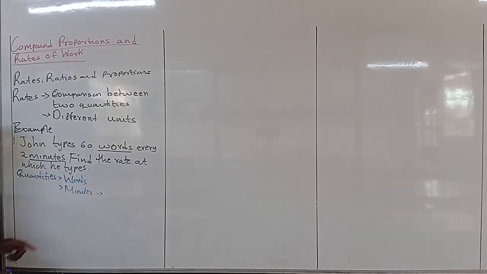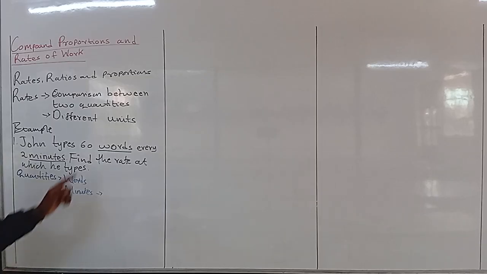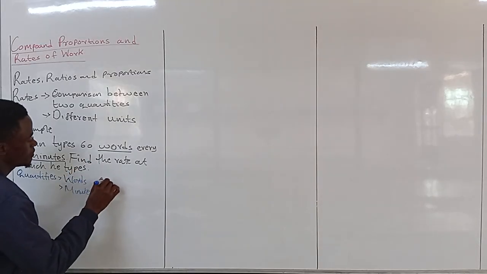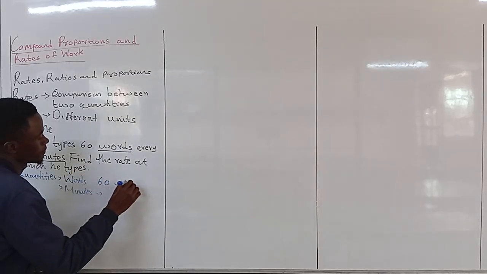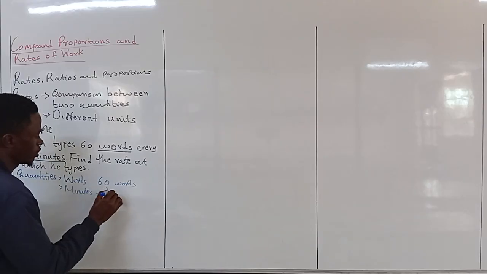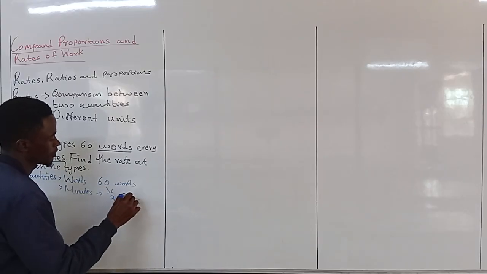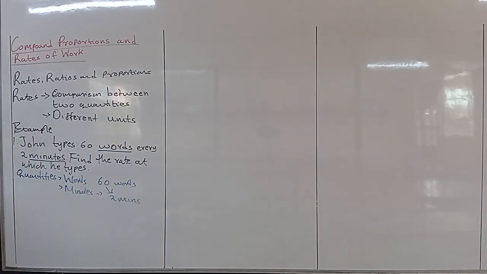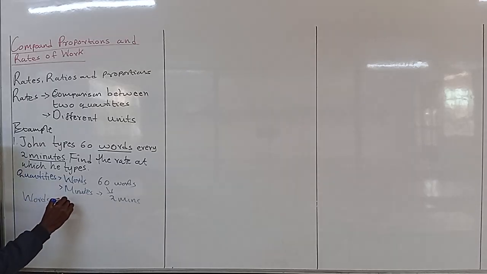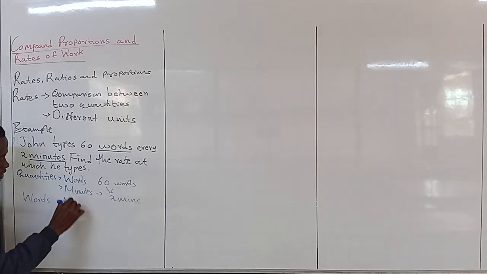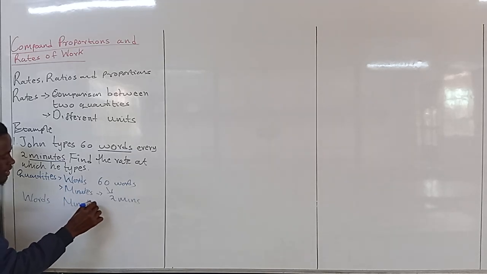So in this case, you are talking about 60 words that are typed in 2 minutes. The big question is this: if we are doing a comparison, then we have to ask ourselves, we have the words, and then we have the time taken, the minutes taken.